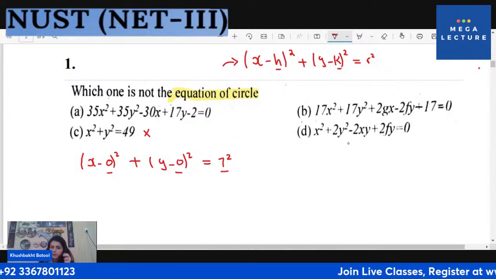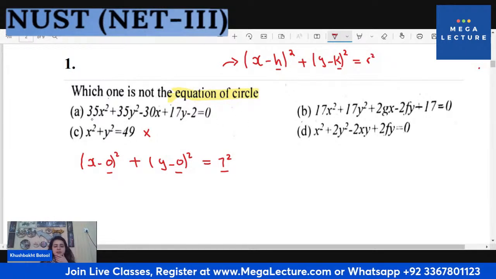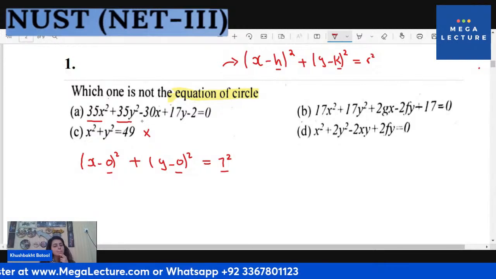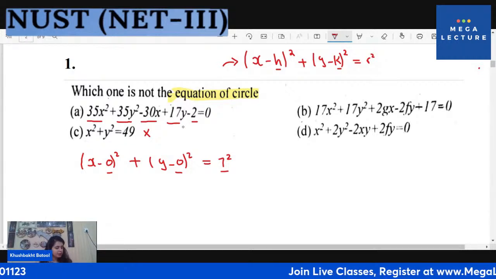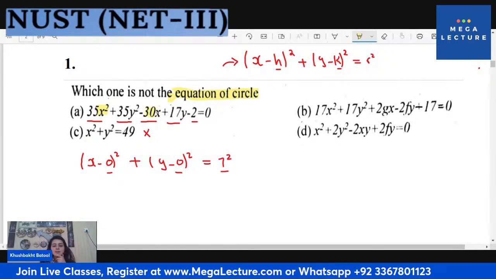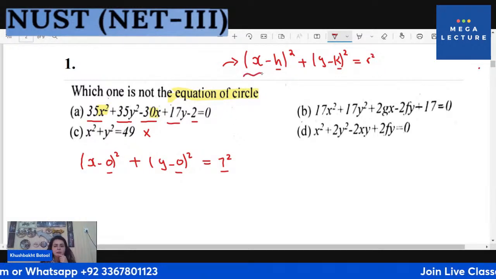Okay, let's look at option A now. Option A says 35x² + 35y² - 30x + 17y - 2. Now you know that if you have the x² term and the x term, by completing the square, you would be able to find something of this type.